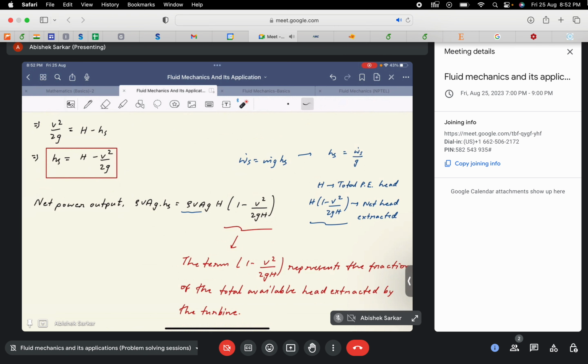And here it cannot be negative, because h is positive, g is positive, and v square, since it is a square term, will always be positive. So this term will always be lesser than 1. So this will always be only a fraction of the energy that we can obtain in the case of a turbine, okay, not the entire.